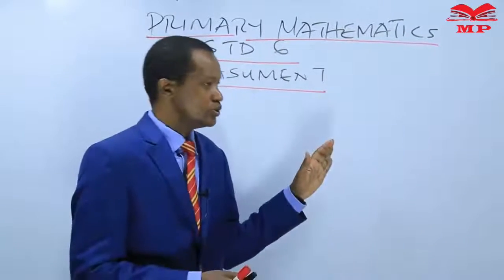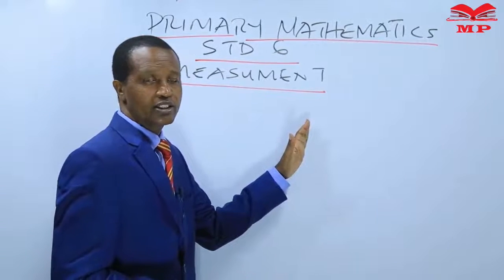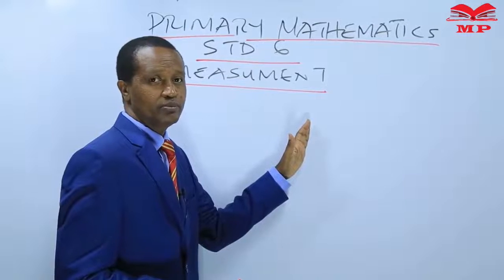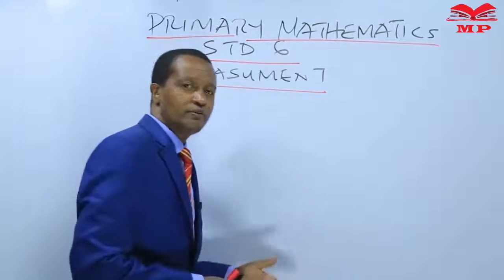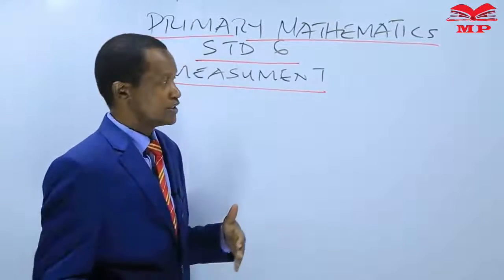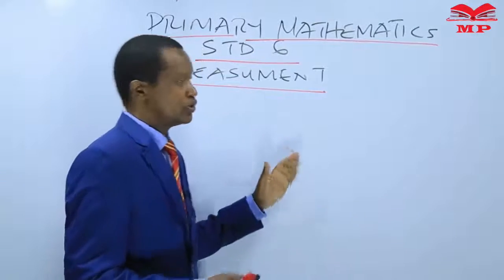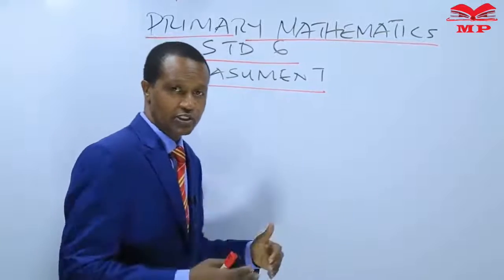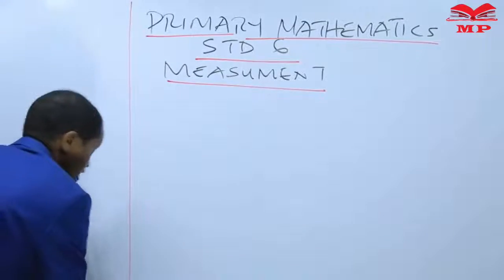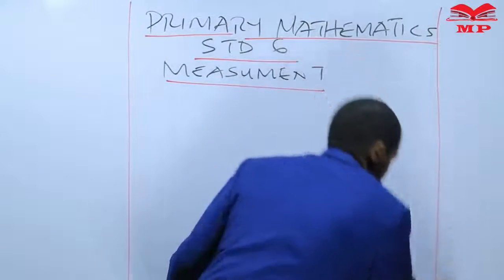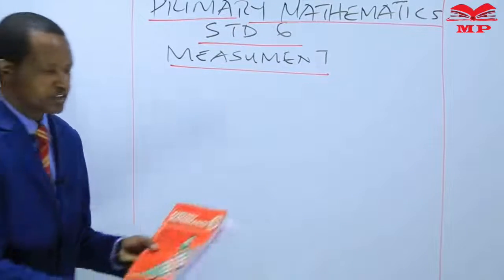Now, before we get into the topic measurement, I want us to do some problems involving conversion of centimeters to meters and vice versa, meters to kilometers and vice versa. That is what we covered in the previous lesson. So in this lesson, we're going to do revision of the work that we covered in our previous classes, and we will work out problems from the pupils book.